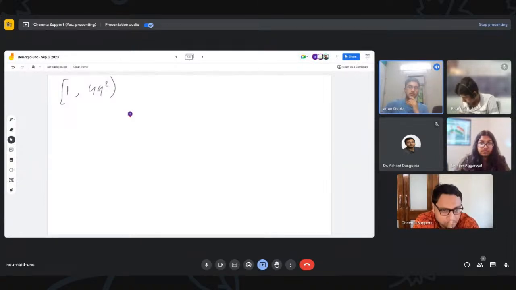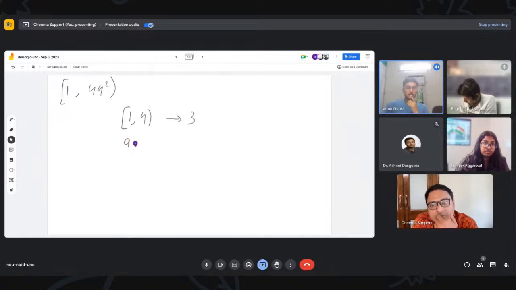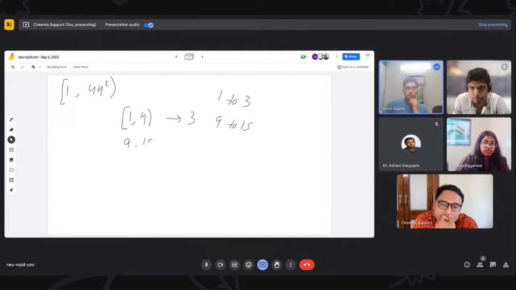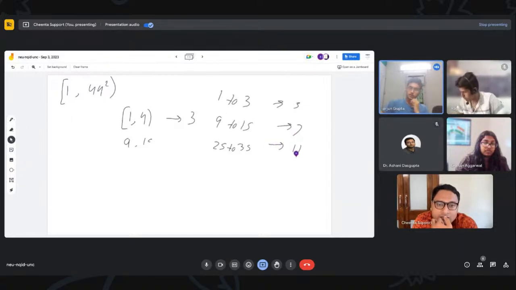In this interval we have three of them: from 1 to 3, f of n is odd. Then from 9 to 15, it's odd. Then from 25 to 35, it's odd. Here we have three numbers, here seven numbers, here 11 numbers. So this is an AP with starting term 3 and common difference 4.